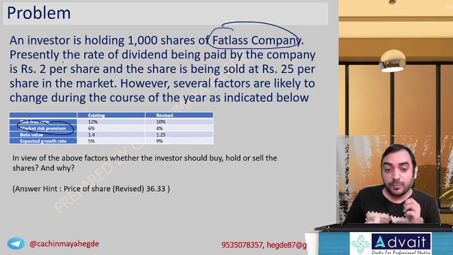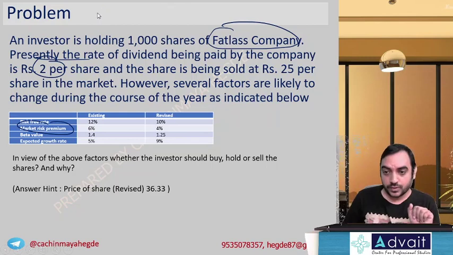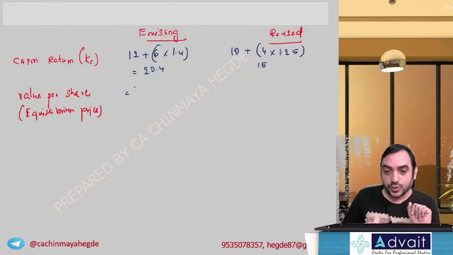Presently the rate of dividend by the company is 2 per share, so we'll take it as D0. So 2 rupees into 1 plus G.